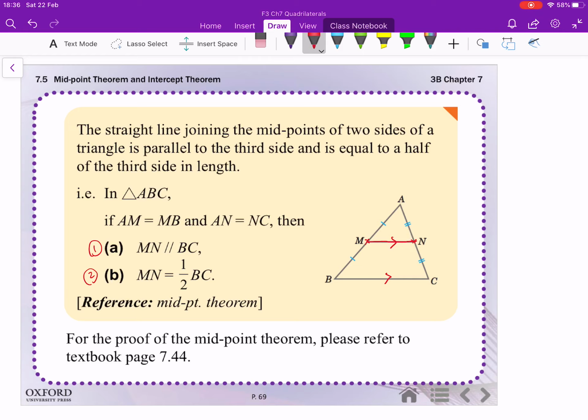So two results. If we have one triangle with two midpoints on two sides, then the line joining these two midpoints will be parallel to the last side, and its length is half of the last side. This is the so-called midpoint theorem. You may use this abbreviation as the reason.